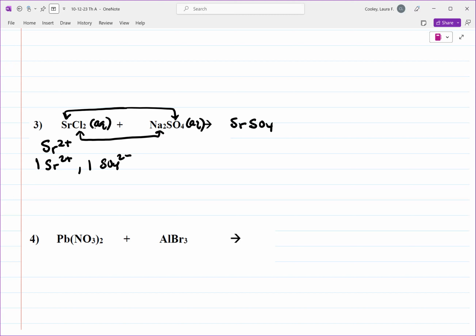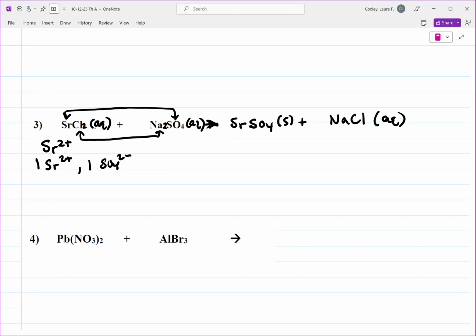So we have SrSO4, and the other product is NaCl. Don't be fooled by the 2 here and the 2 here. Do not write Na2Cl2. The formula is NaCl, right? So you work it out in the balancing when you need to change the numbers of each. And we know that sodium chloride is soluble. So here are the products.